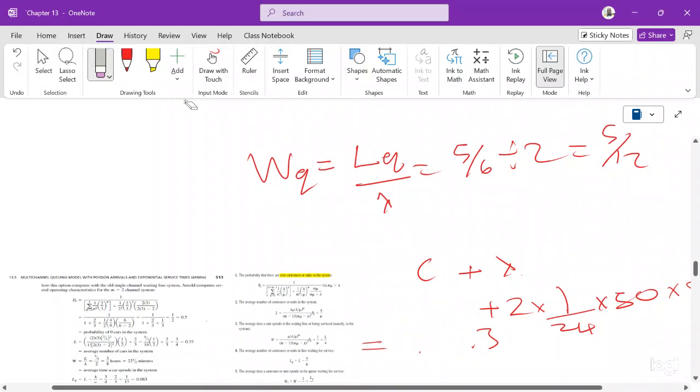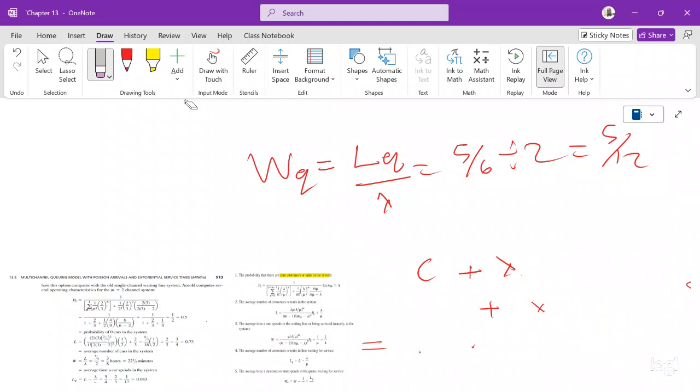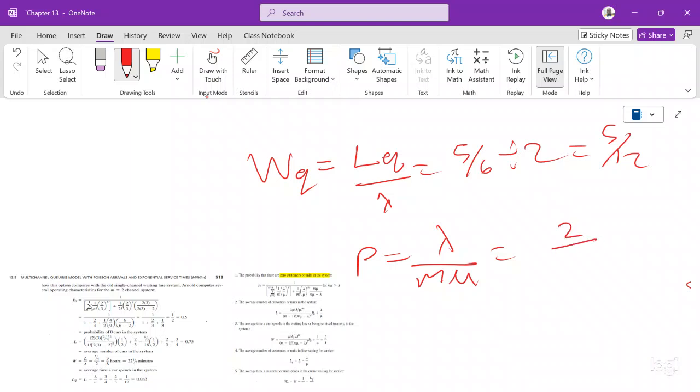The cost is going to be measured like this: MCS plus your rate at which items are arriving, Q times CW, then 2 times what is your normal rate, which is 15, you still remember it, times 8, plus 2 times 5 over 12 times 50 times 8.